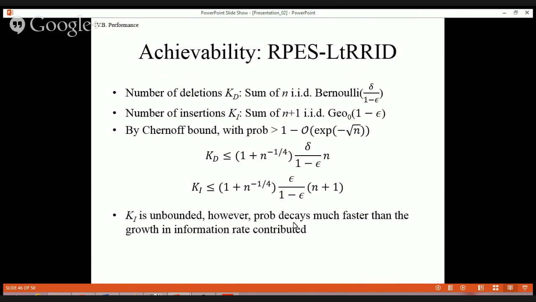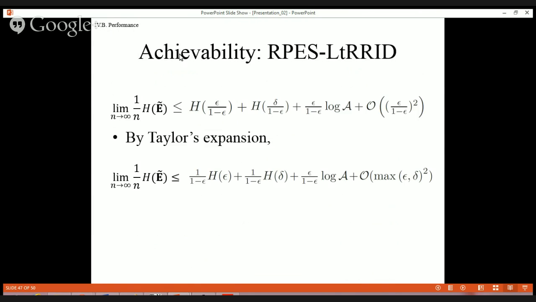As the block length n goes to infinity, the information rate contributed by those scenarios is also negligible. Hence, we can show the achievable rate for the random model. And we apply Taylor expansion to get a form similar to the lower bound, for comparison.